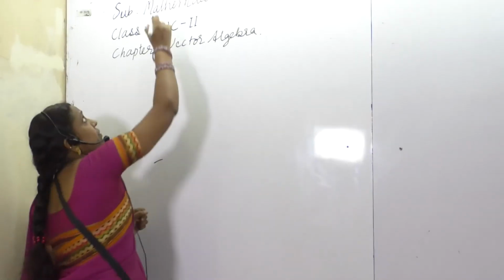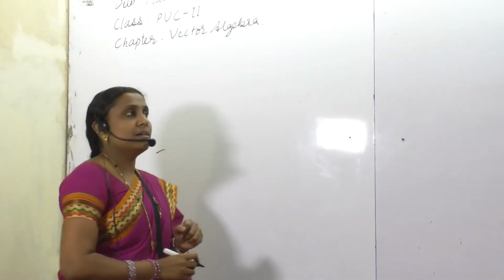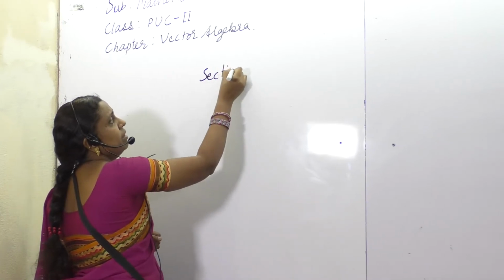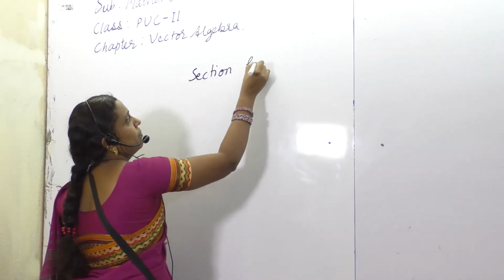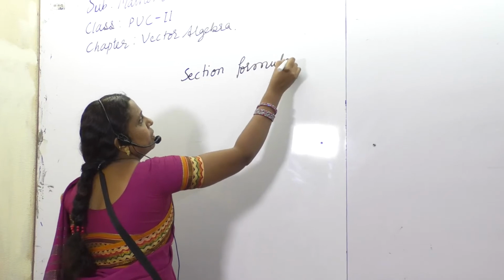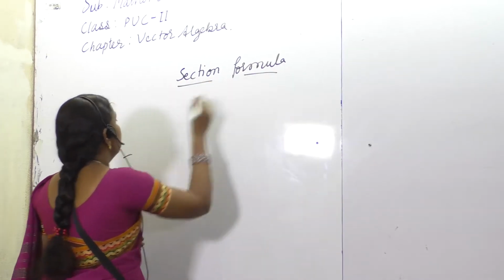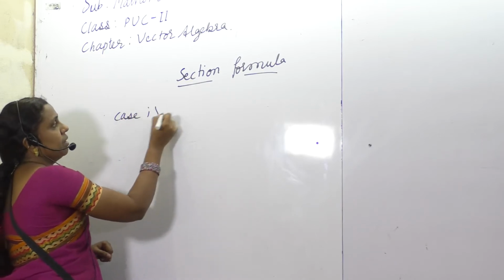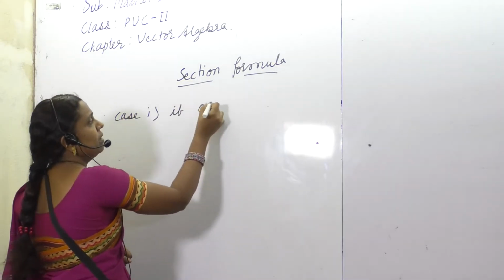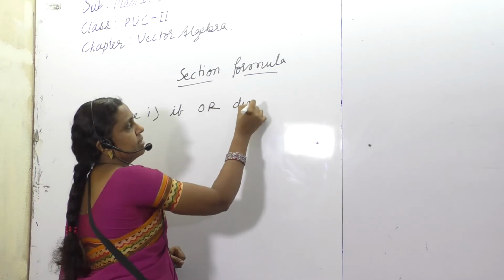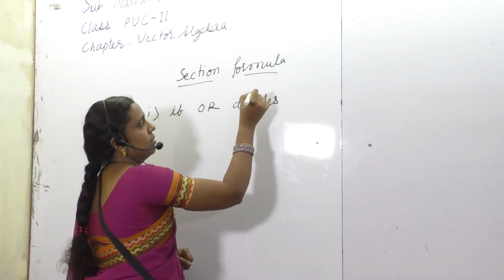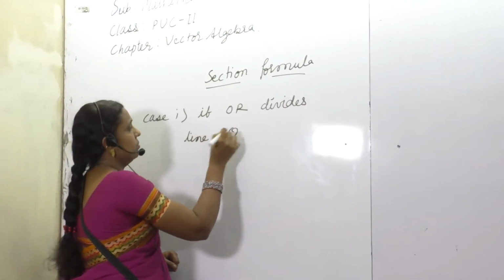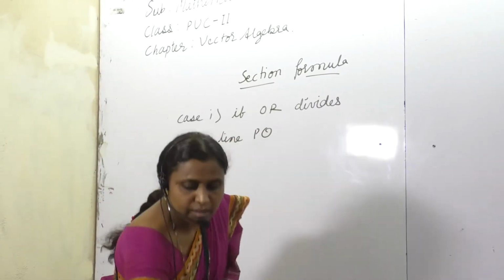Okay, with reference to the previous class, in the previous class we studied section formula. Do you remember section formula? So in particular cases, case 1, if OR divides line PQ, you can say vector here instead of line.